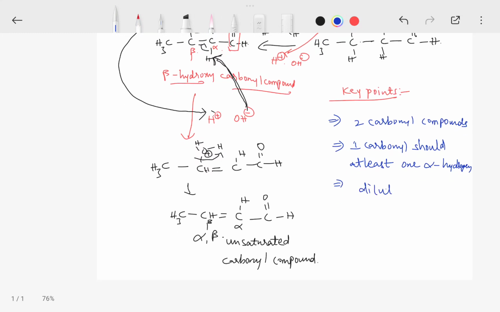Why are we taking a dilute base? It needs to only take out the alpha hydrogen from the carbonyl compound, not to disturb the electrophile carbon. So what is the product here? Beta hydroxy carbonyl compound, and followed by that, if we do removal of water, minus H2O, we get alpha, beta unsaturated carbonyl compound.